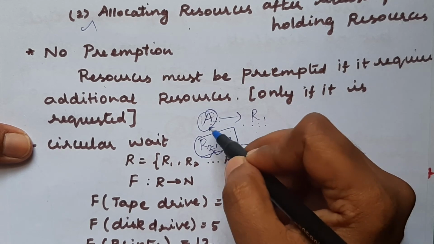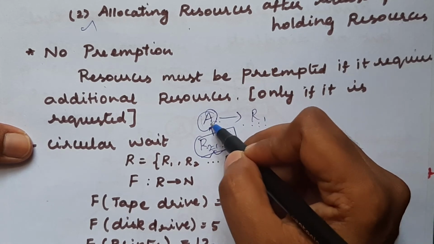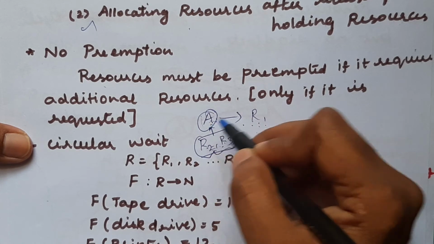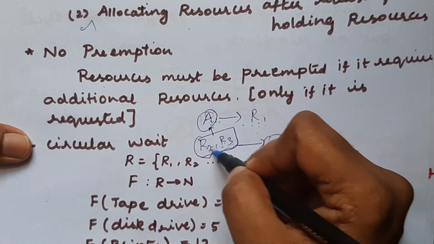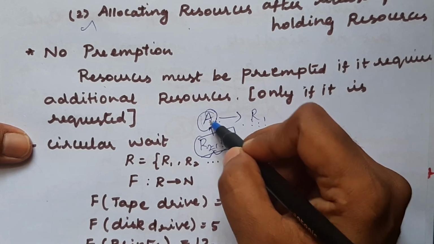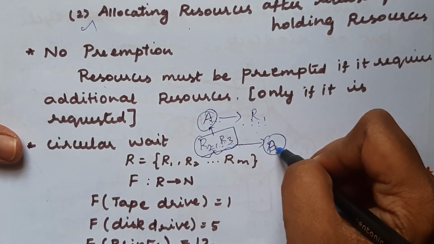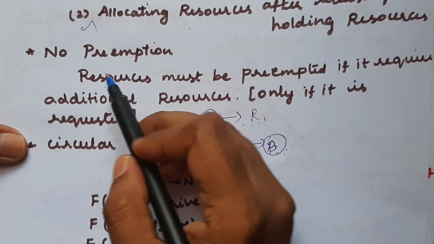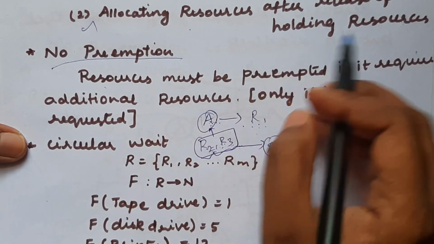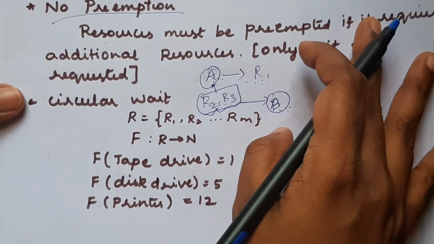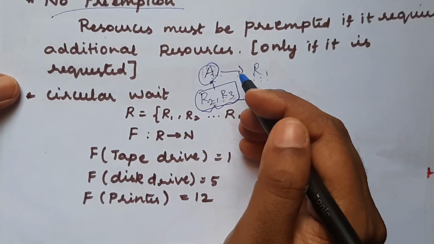So in this example, these resources have been allocated to process A, but process A is again waiting for some other resources. If so, then we have to release these two resources from process A, and afterwards we have to allocate them to process B. This is how we can deny this no preemption condition, and we can prevent the deadlock. And the last condition is circular wait.